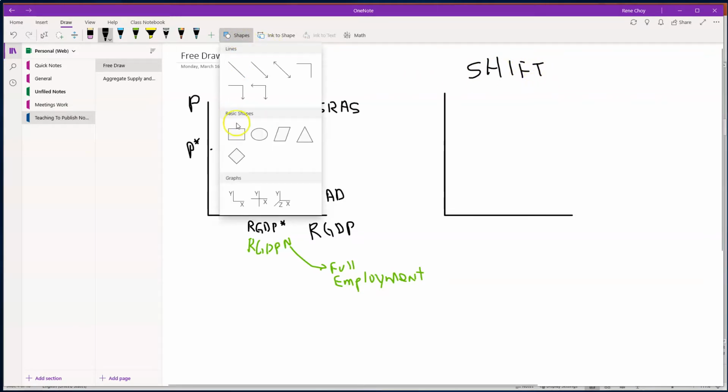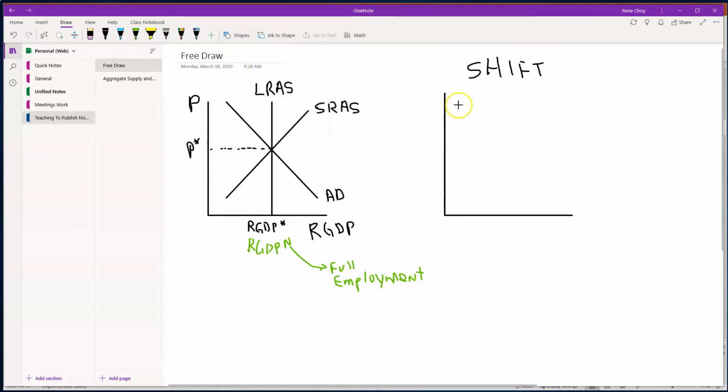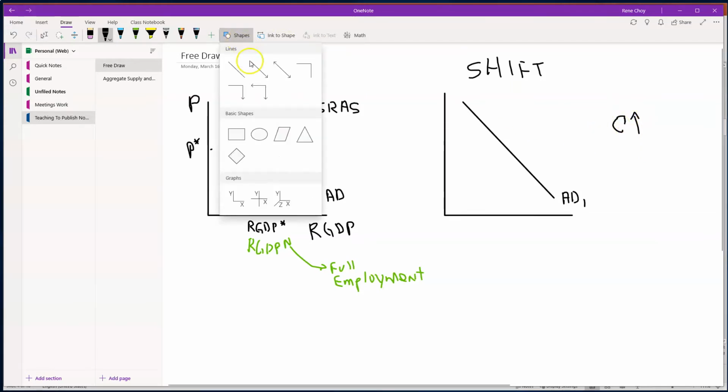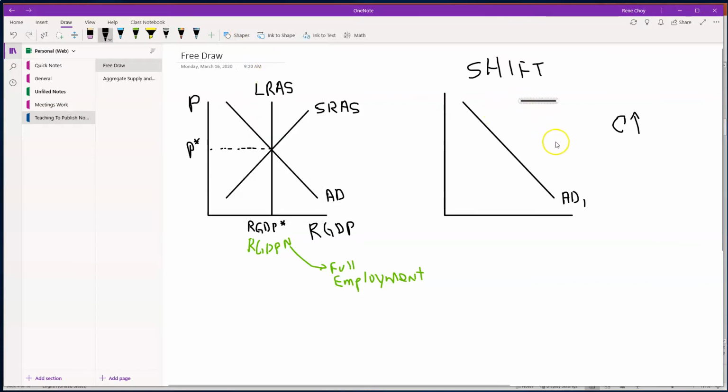So if this is my, let's call it aggregate demand 1, an example of a shift will be something like an increase in the level of consumption activity. So if we have an increase in autonomous consumption activity, then basically my aggregate demand line will shift to the right. Now again, a shift is a movement of the entire line.